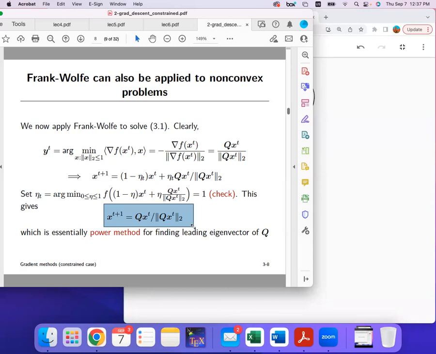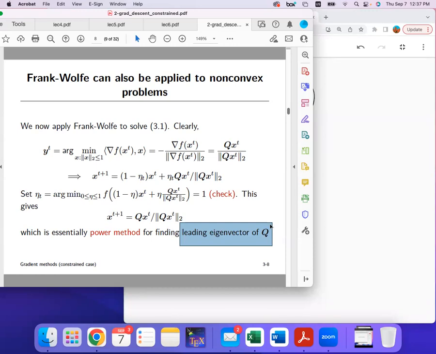This is a very classic method used to compute the leading eigenvector of a matrix. Okay. So basically, for this method, you want to find the leading eigenvector of Q. Every time you just multiply Q by x_t and normalize it, and you have the next x_{t+1}. You do this again and again.